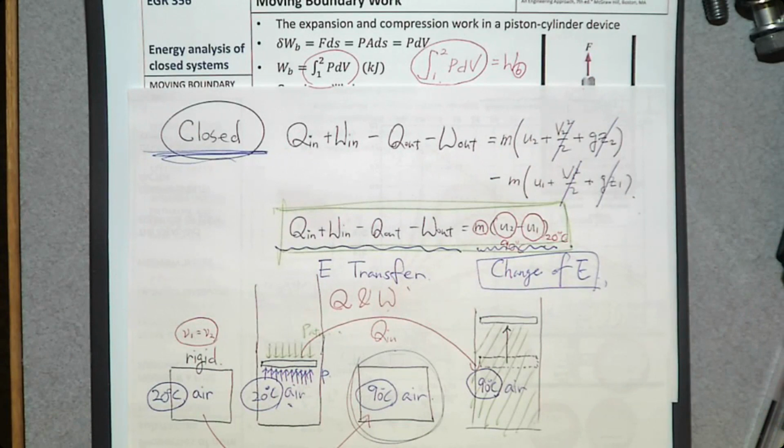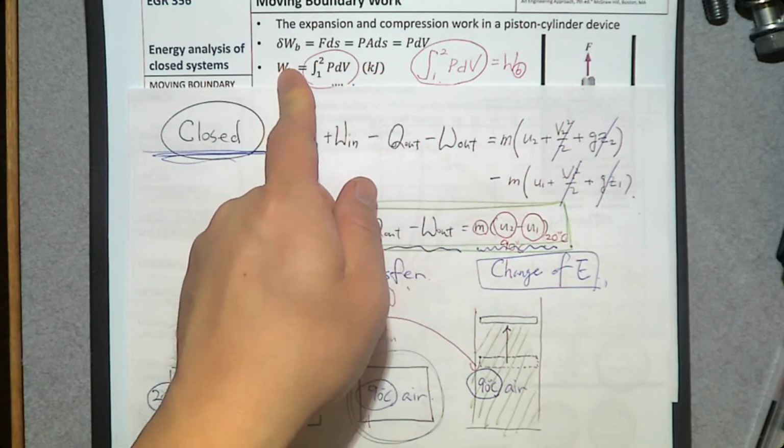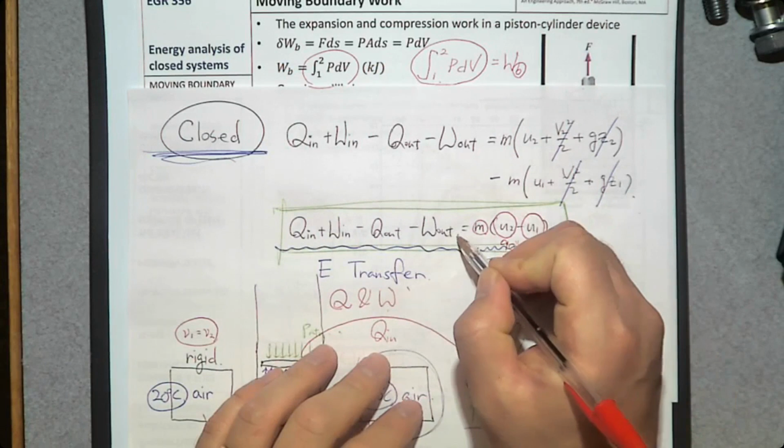So this one is doing work to the outside. So when you talk about the direction of energy transfer, it is going to be W out. So this WB, the moving boundary work, is the work done by the air to the outside, so that should be a part of W out.